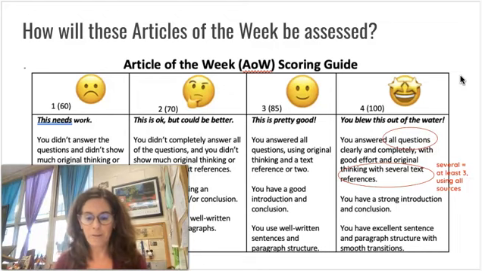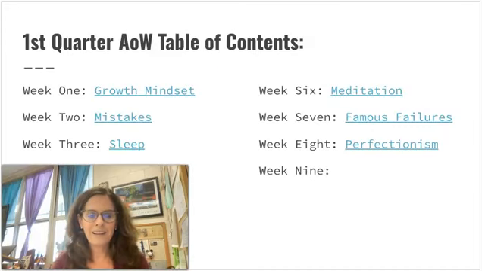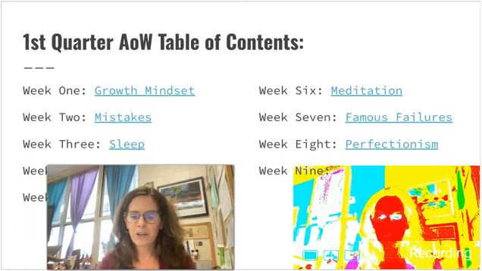And note that it's several, not just 1 or 2. They need a strong introduction and conclusion to their writing, and they need excellent sentence and paragraph structure with smooth transitions.